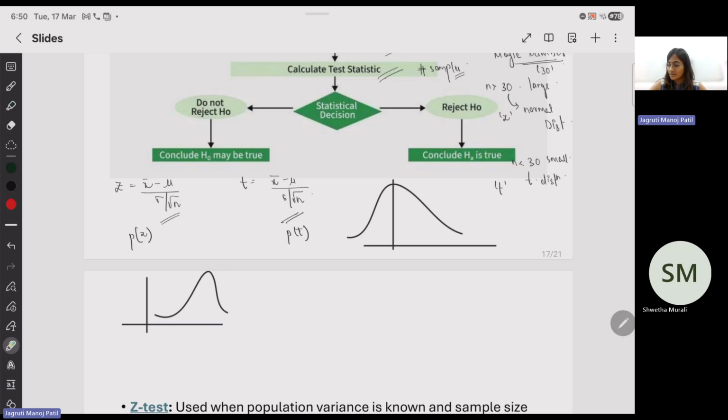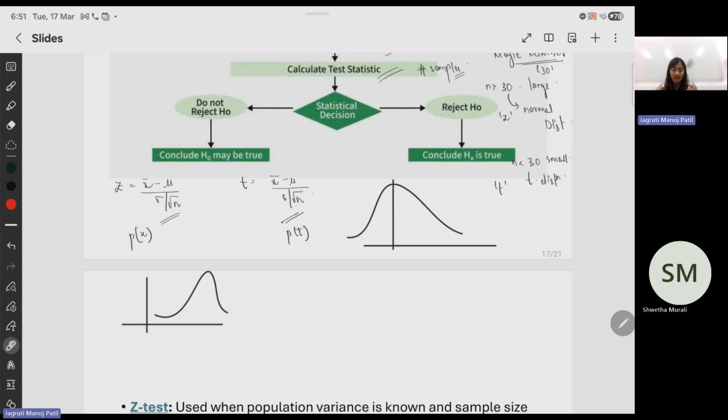That is called one-tailed, while the other is called two-tailed or paired. Accordingly, all of your tables will also change.